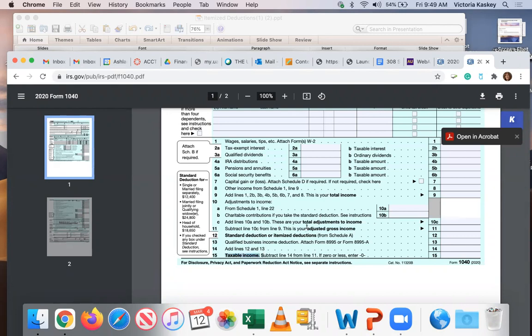All right, so we have our W-2 wages and all our pensions and all that good stuff in here to give our total income, which is on line 9. We have adjustments, which we dealt with already in the previous week's lecture, which gives us total AGI. Maybe you've heard AGI before. Then we reduce it by our standard or itemized to get our taxable income. Taxable income on line 15 is an important number because that is the amount that is going to be taxed.